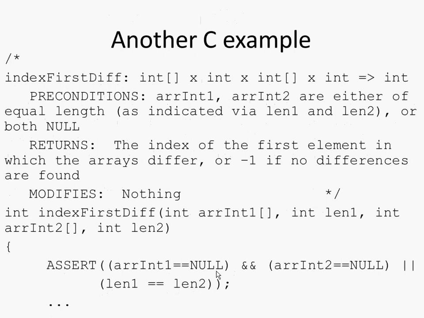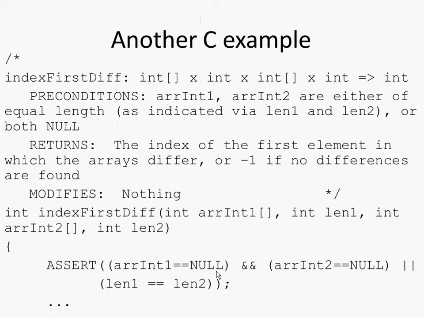Those are int arrays, so you've got 1 as the first element of the first array, 1 as the first element of the second array, good enough. 2 is the second element of the first array, 2 is the second element of the second array, that's great. 3 is the third element of the first array, but we got 4, or minus 3, or whatever, as the third element of the second array. Not bad news, just, that's the first index, 3, where they differ, so it's going to return 3. So this too has some preconditions.